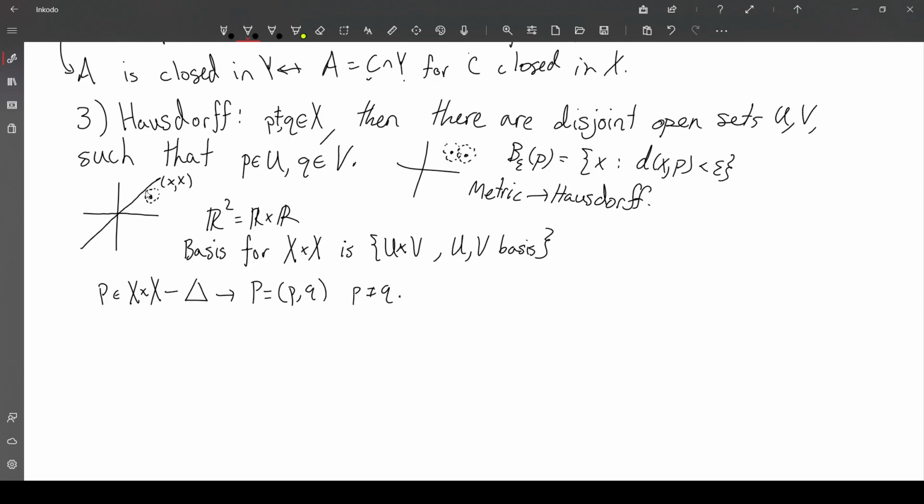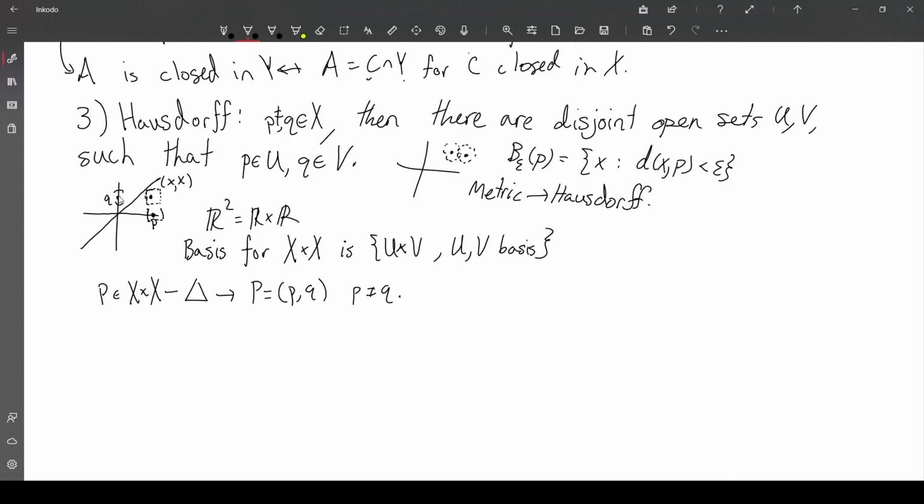And so this open set, you can take it to be a basis element. So the basis element is going to be like this box. And this box gives you open intervals around P and Q. So here this is Q and this is P. And then you have open intervals.